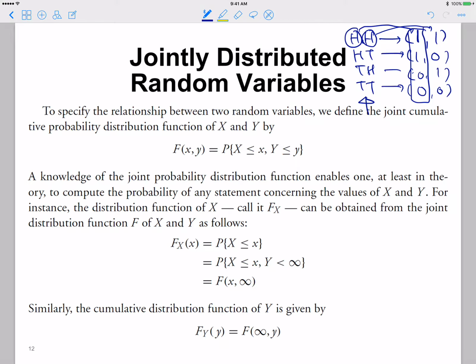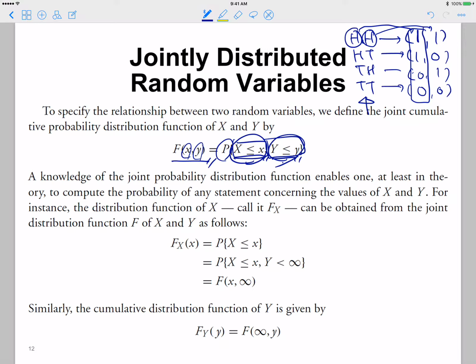Okay, then we can consider this kind of thing. F of x, y. In this case, the probability of these 2 events simultaneously. So this guy should be satisfied, and also this should be satisfied. So we can also consider such an event, right? Satisfying those 2 equations.